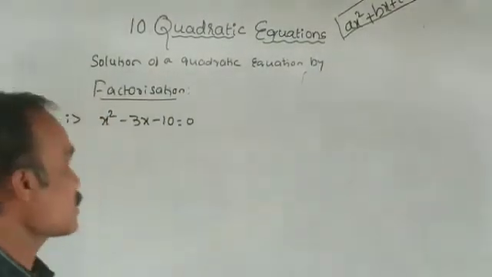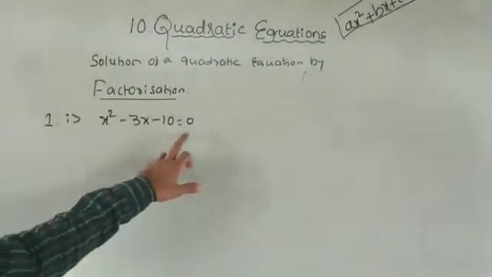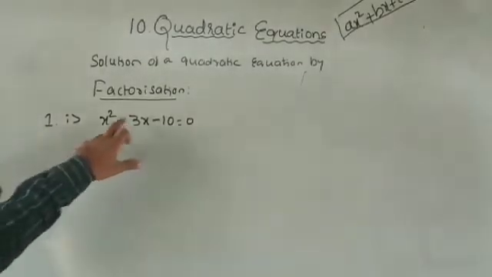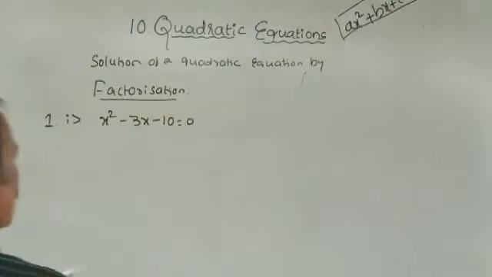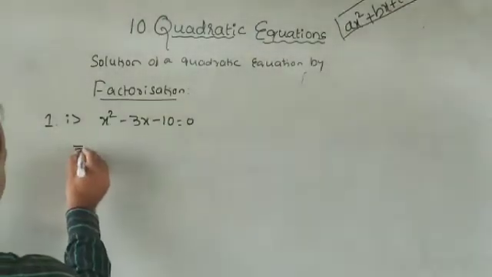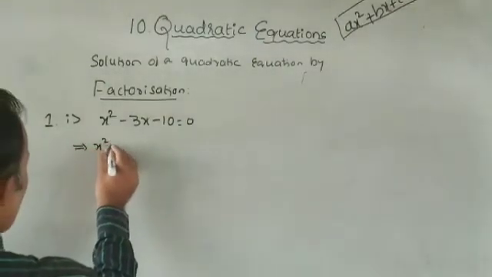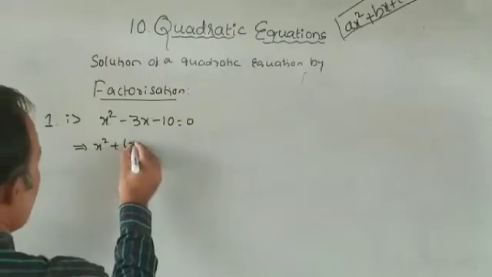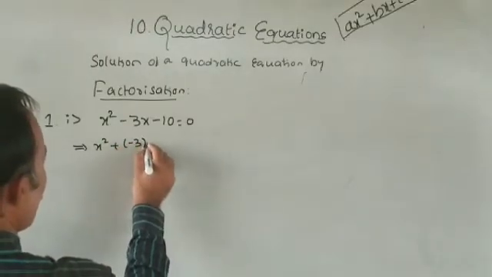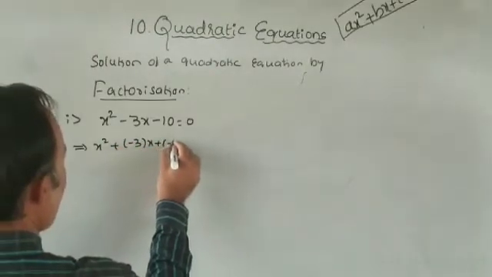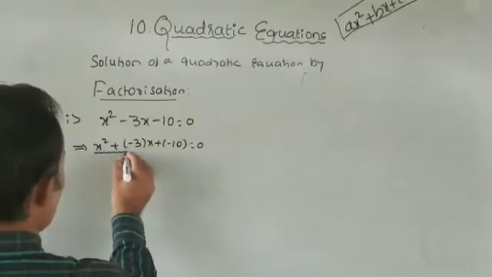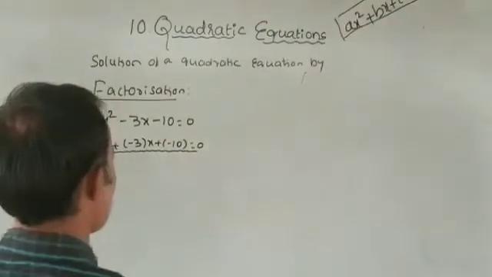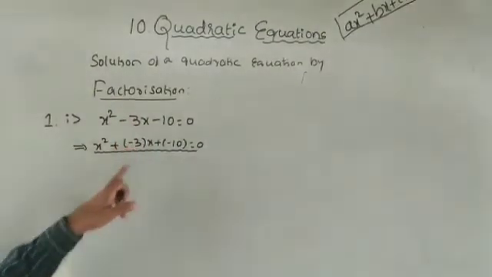Question number 1: x square minus 3x minus 10 is equal to 0. So this is in the form of ax square plus bx plus c is equal to 0. We can write it in standard form as x square plus of minus 3 into x plus of minus 10, equal to 0.